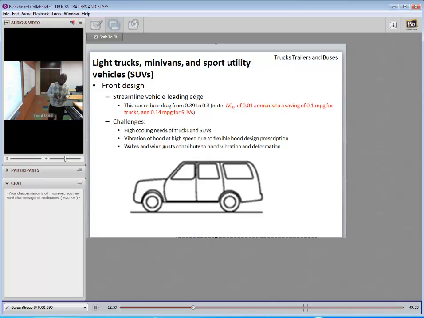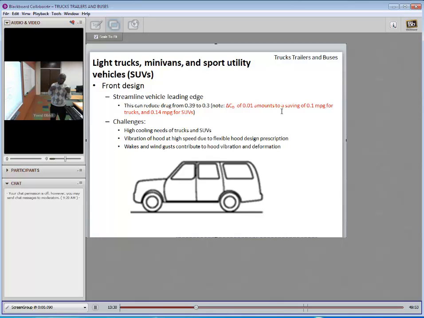Again, remember, trucks and SUVs, especially trucks, trailers and pickups, are utility vehicles. They are not traditionally comfort vehicles. So the design mission dictates the amount of space available for the aerodynamic featuring of the front. The challenge we have is the high cooling needs for trucks and SUVs.